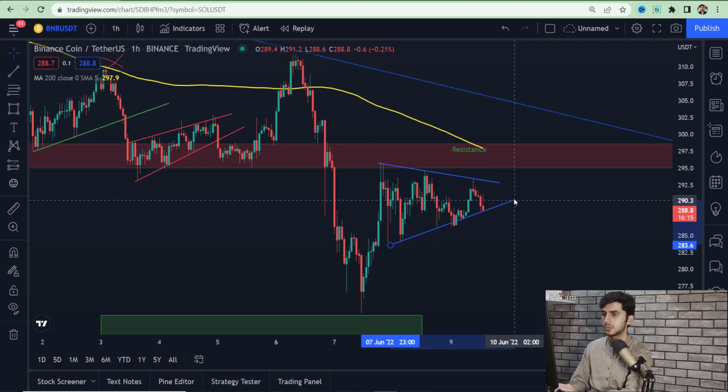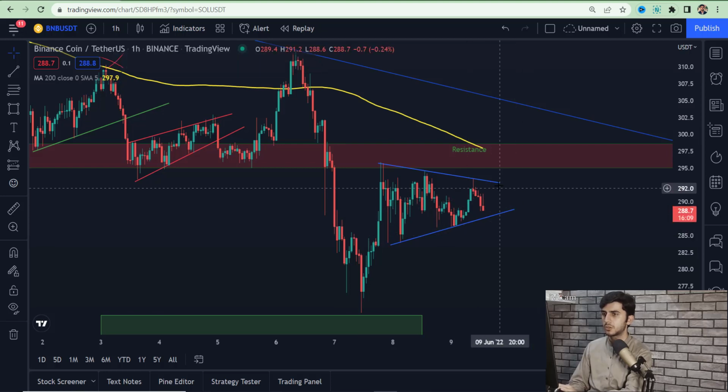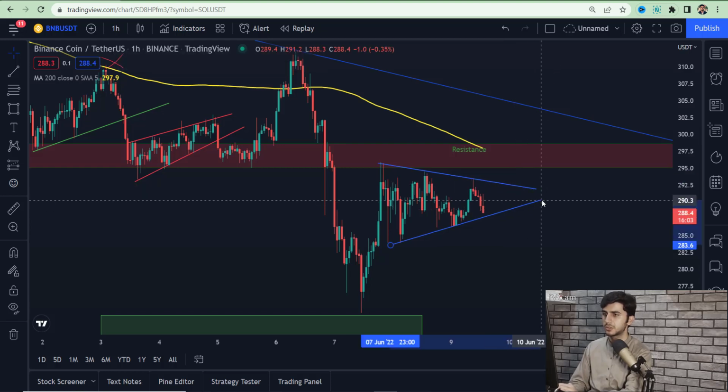Yes, I might be drawing it wrong. Let's do it like this. Okay, so this is a pattern that we can clearly see on BNB that has newly formed.